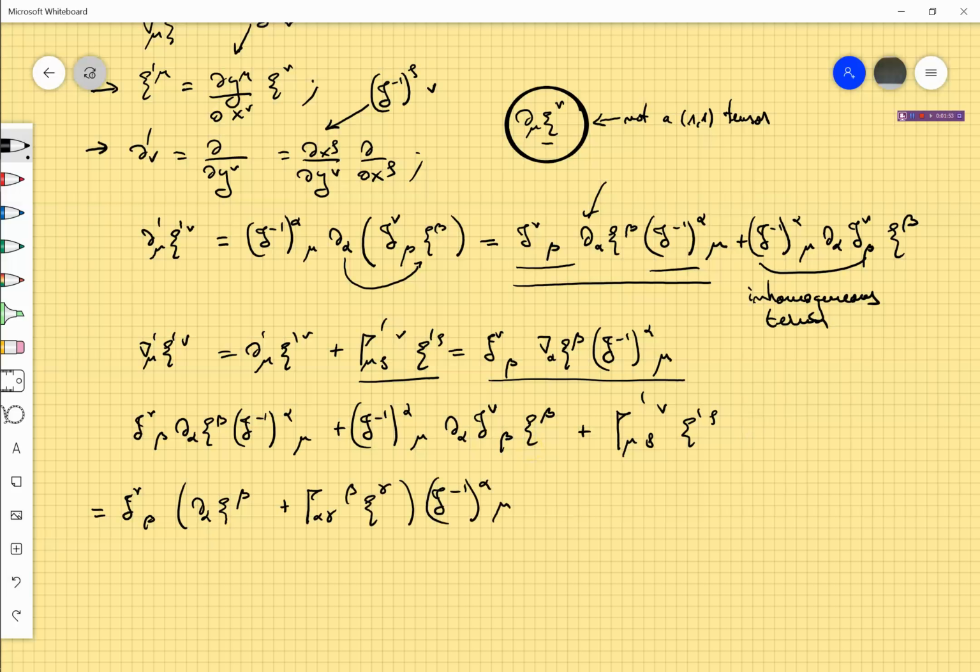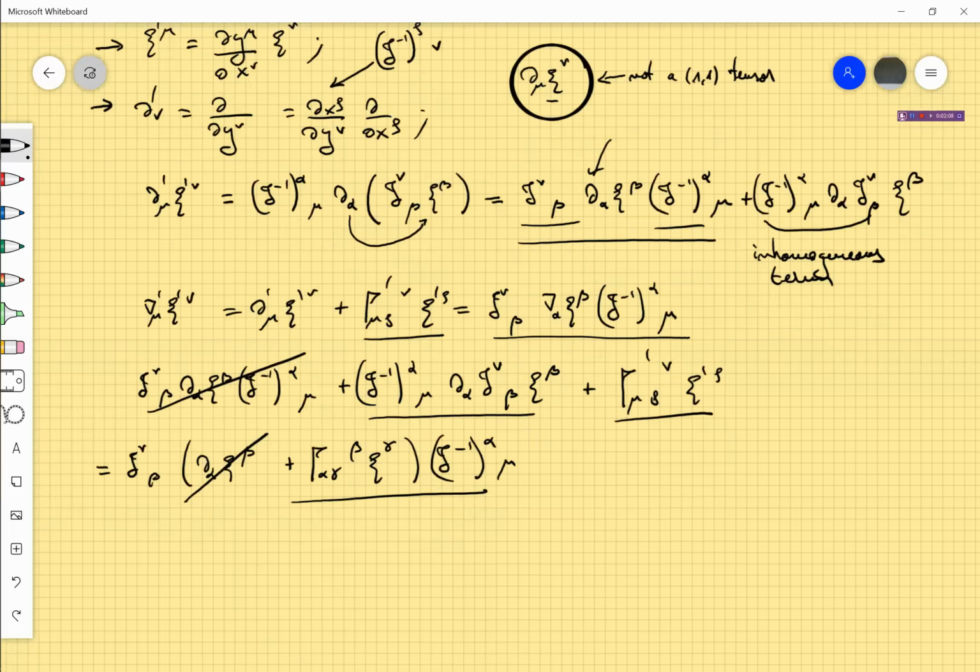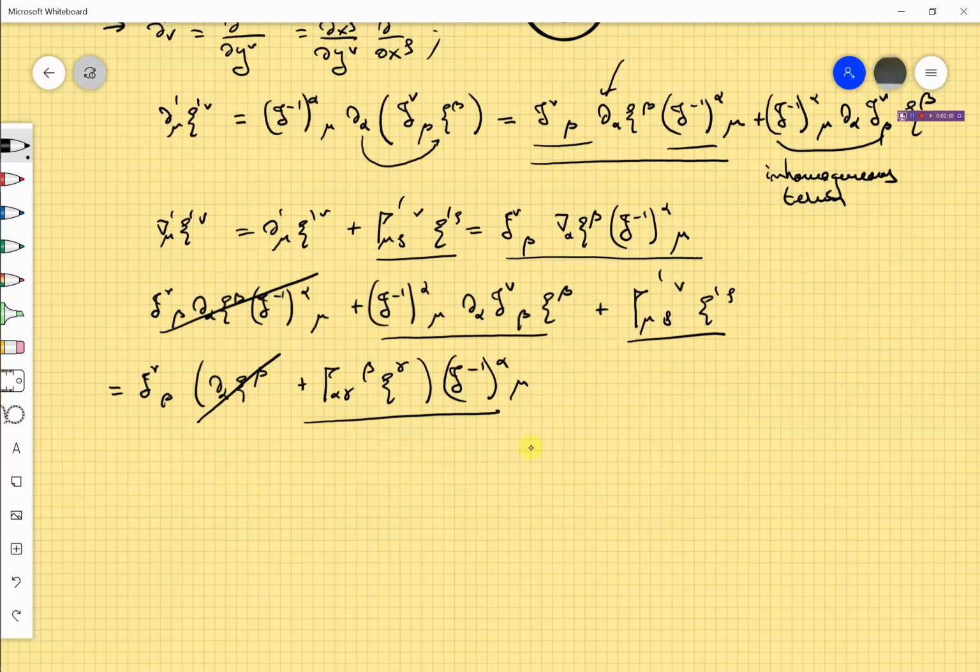So compare these two sides, you see that this term is right here. This is the one that we want. But now the transformation of this term has to give this one and has to cancel this one. Let me put this as an equation.